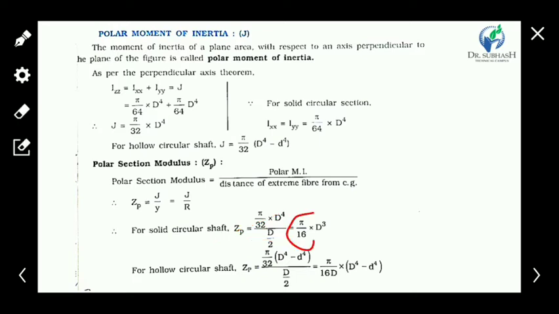Pi by 16 into d raised to 3 is the polar section modulus of a solid shaft. For a hollow shaft, it is pi by 16 into capital D raised to 4 minus small d raised to 4, upon capital D. This is the polar section modulus for a shaft with a circular cross section. Clear that?